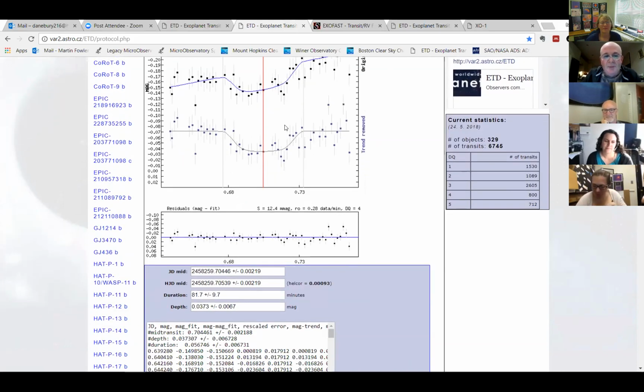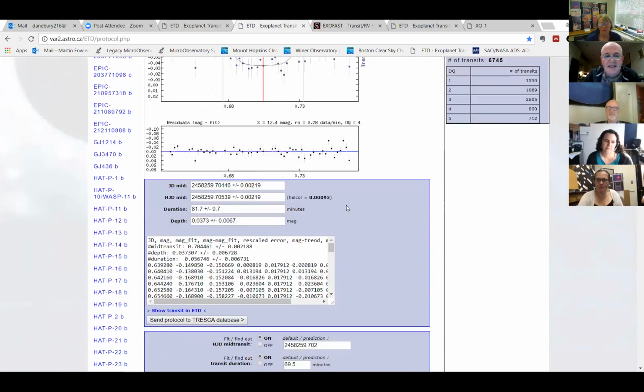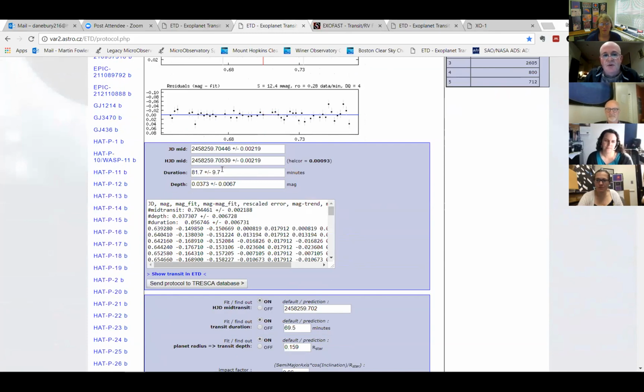So the output from the transit, we can see here, gives you an indication of the Julian date of mid-transit. It doesn't work on normal year, month, day. We work here with Julian dates, which is one of the standard date formats used by astronomers.